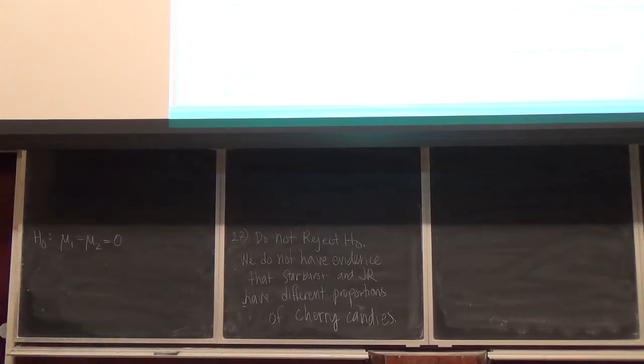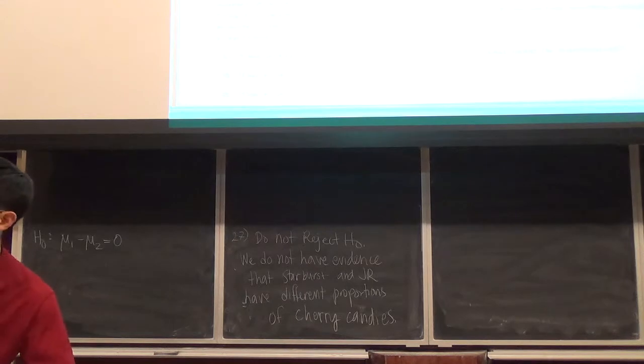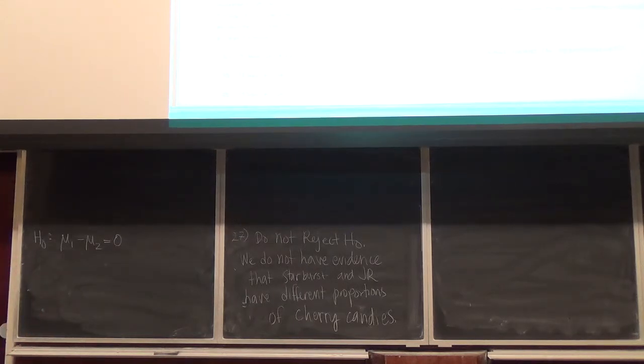When you have two samples and you're dealing with means, your null hypothesis is always mu1 minus mu2 equals 0. For the alternative, mu1 corresponds to the reaction time of those with caffeine, and mu2 is the reaction time of those without caffeine. We're asking, does caffeine improve reaction time?